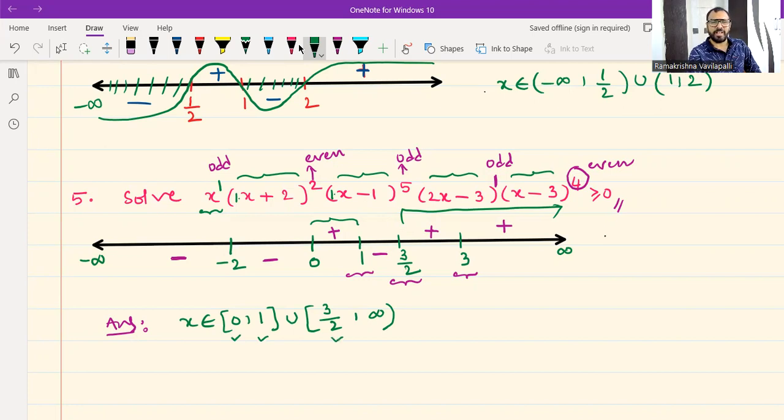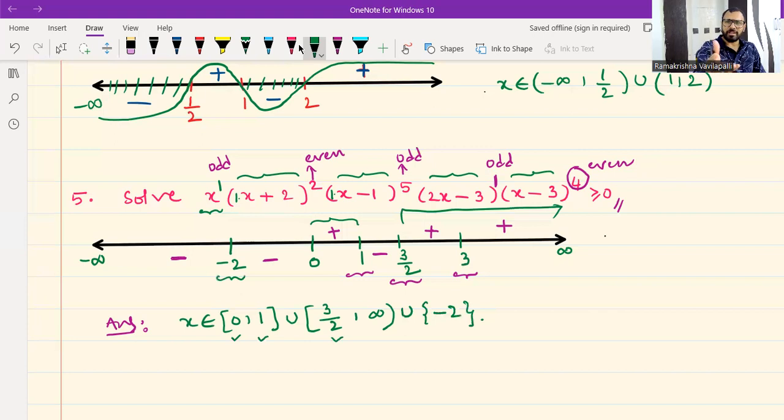We have totally 5 factors. Of course, 3 is included in this interval. Only minus 2 is not included, so you must take care of that. Union the set minus 2. This is the solution.